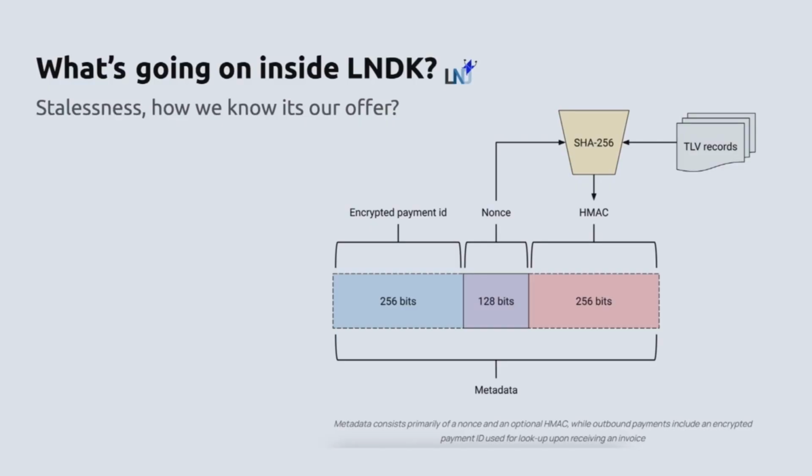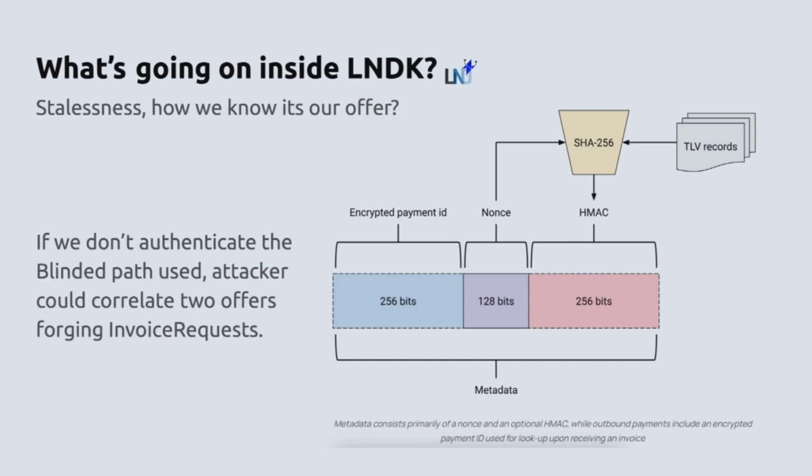They were first adding a nonce on the TLV metadata, and we could calculate using the TLV records an HMAC. They also added an encrypted payment ID so we can query faster. And using this, we could actually maintain the statelessness and not store in a database which ones were our offers.